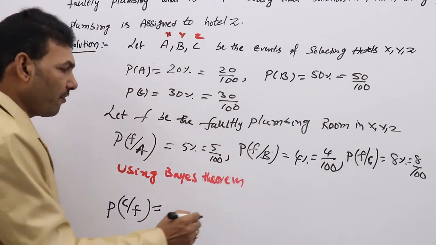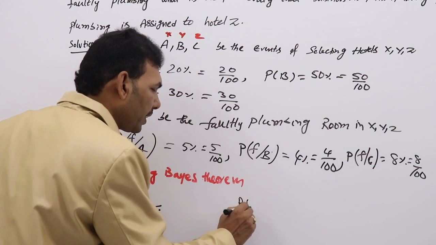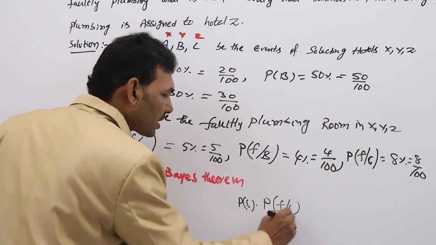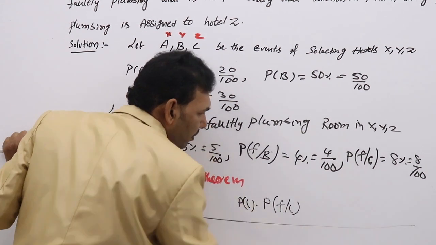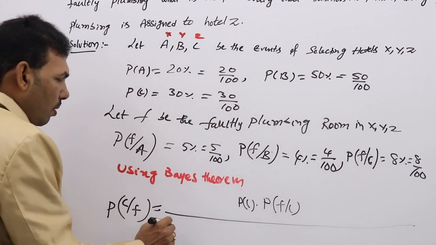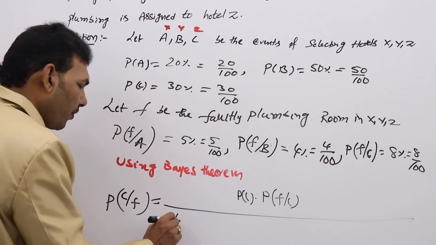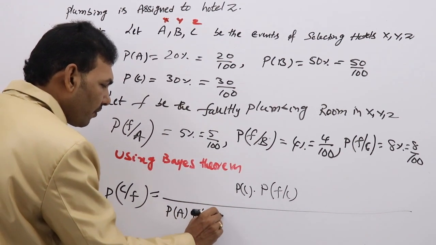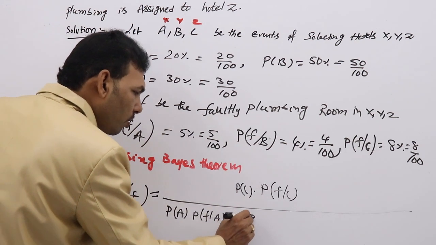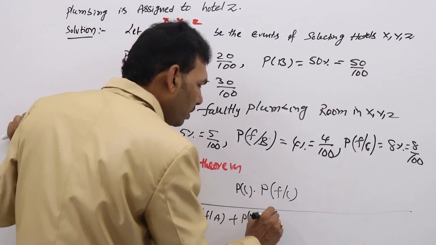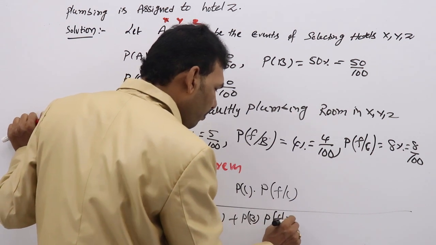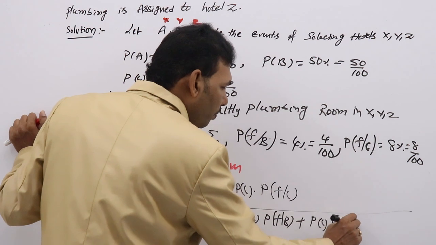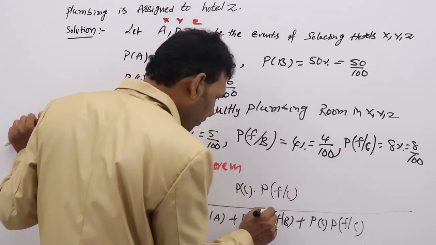Probability of C given F is probability of C into probability of F given C, by probability of A into probability of F given A, plus probability of B into probability of F given B, plus probability of C into probability of F given C.